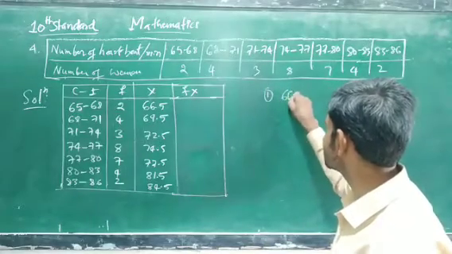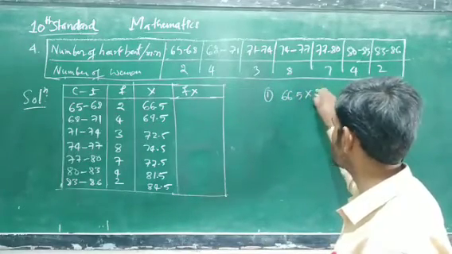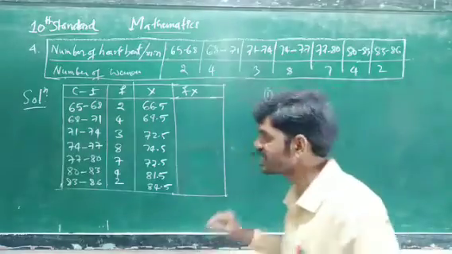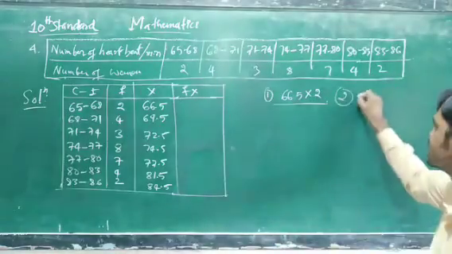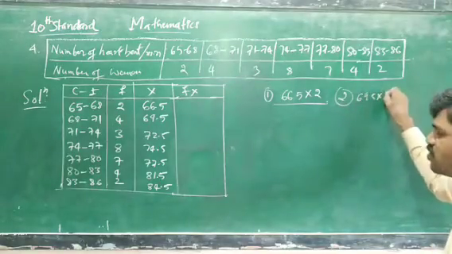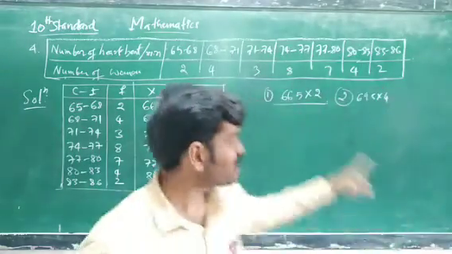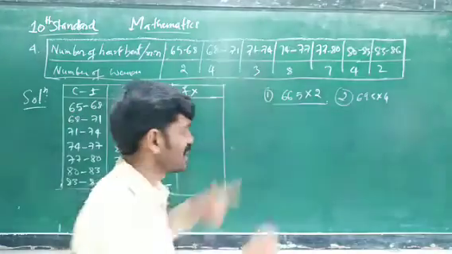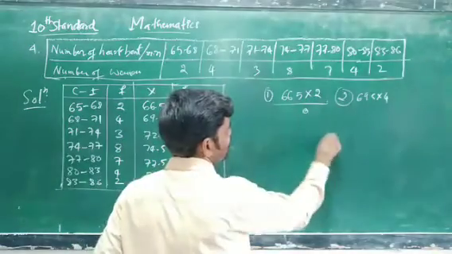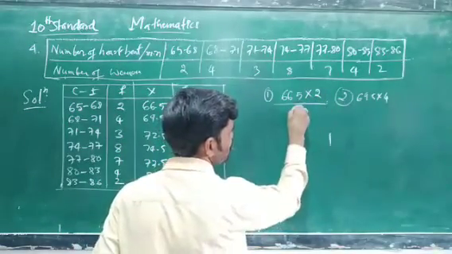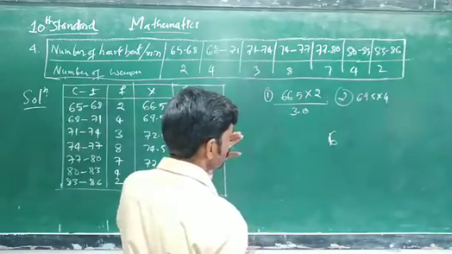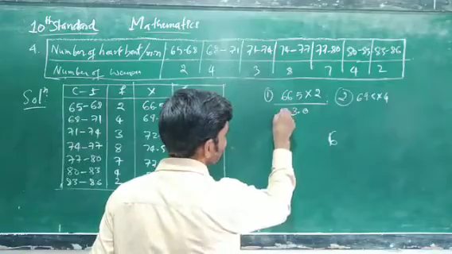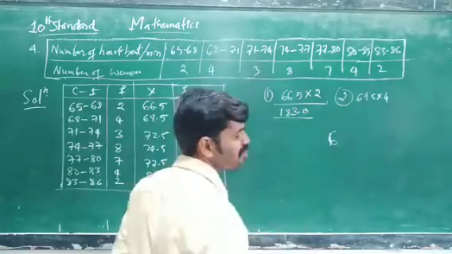You have to write the first one. What is that? 66.5 into 2. Then you have to write the second one, 69.5 into 4. This multiplication you have to write very neatly. See, 5 2s are 10, 6 2s are 12 plus 1 is 13, 6 2s are 12 plus 6 is 18, 183.0.